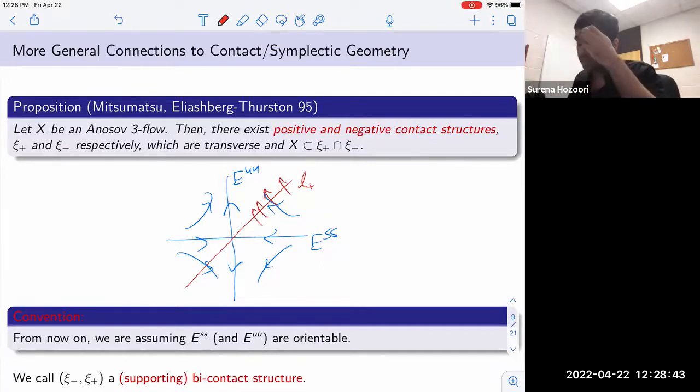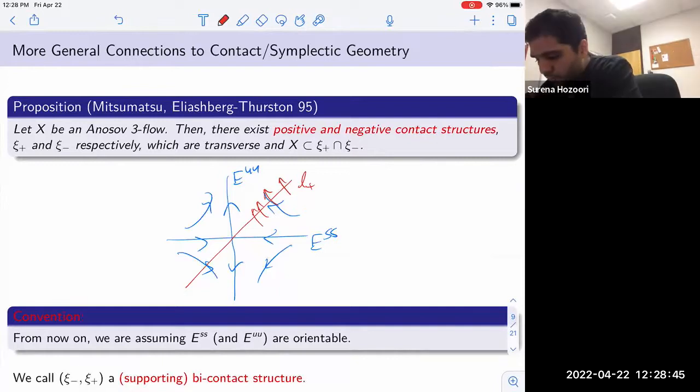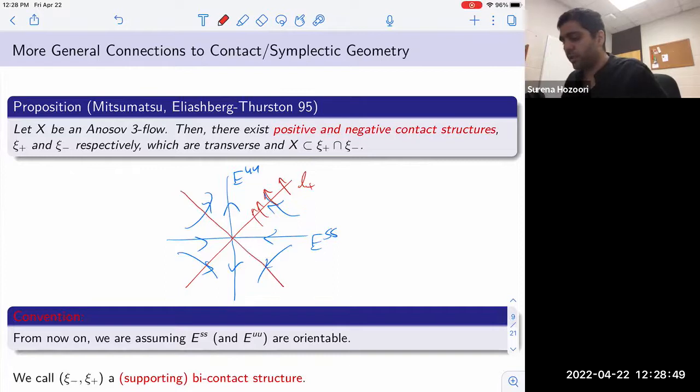That's what you see in the picture. And similarly, if you take the other bisector, let me call that L minus, and look at the action of the flow, you can easily see again that the flow is pushing this L minus again towards the E^uu direction.